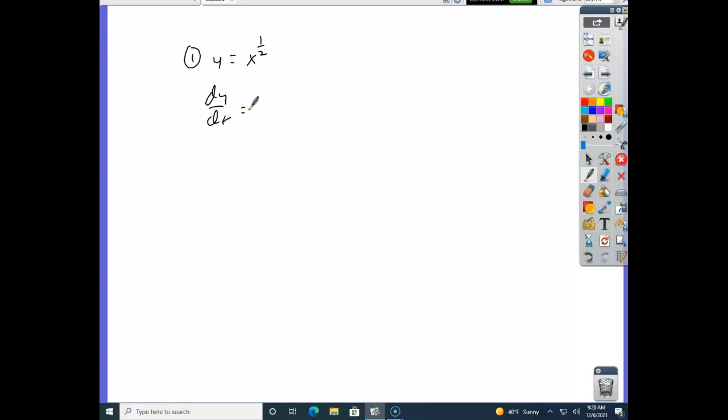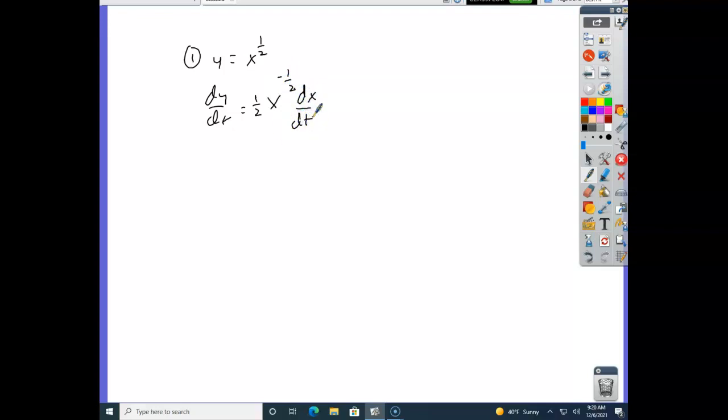No, 1/2. I'm taking the derivative here. Remember we have to do that first? x to the negative 1/2 times dx dt.